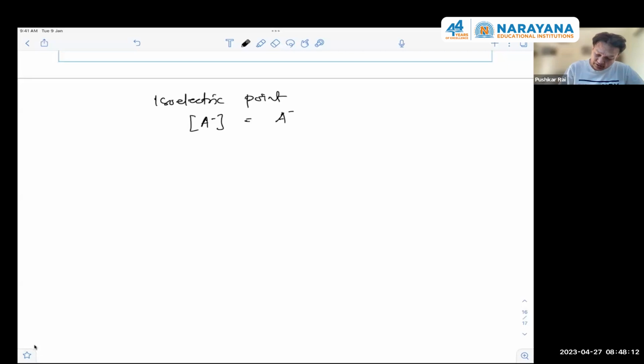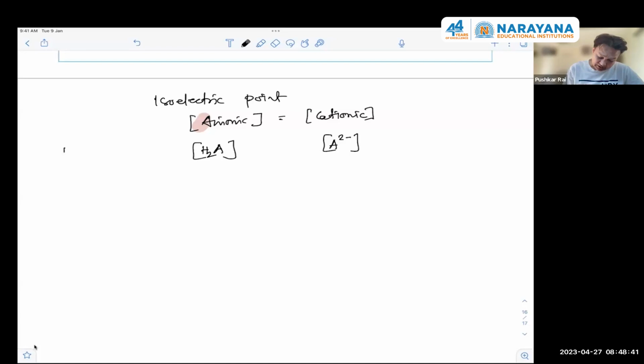Let me write it: anionic form is equal to cationic form. Exactly equal. So what are the cationic and anionic forms in the amino acid? That means H2A must be equal to A2 negative.